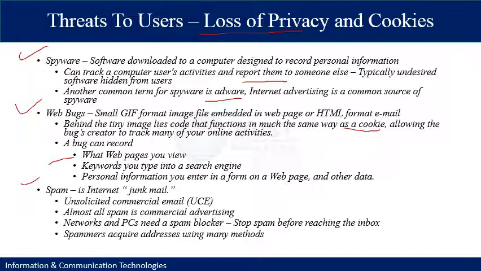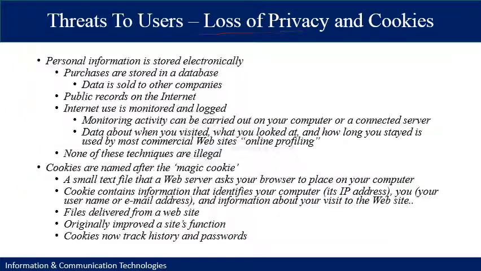So networks and PCs need a spam blocker, and that is required to stop the spam before reaching the inbox. So spammers acquire addresses using many methods, such as they can pay an organization or record the email addresses entered at a particular website.